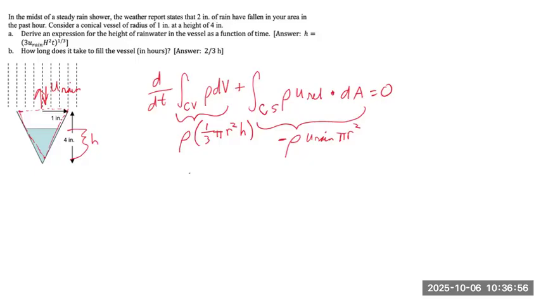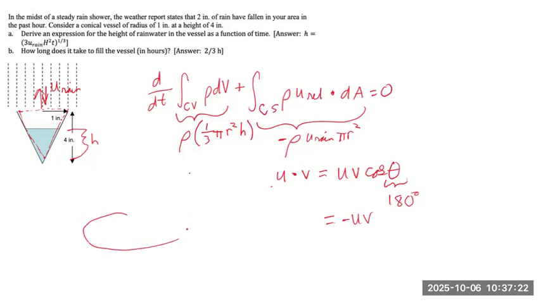When you dot two vectors, you're saying UV cosine theta. And cosine theta over here is 180 degrees. So cosine of 180 is -1, so we'll get negative UV in magnitude. So that's where the negative sign comes from, because these two vectors are pointing opposite to each other.